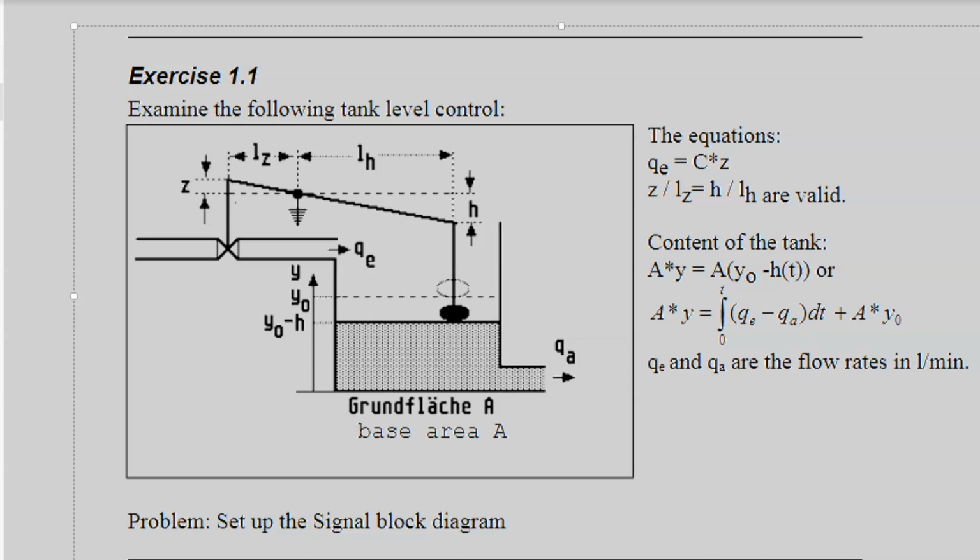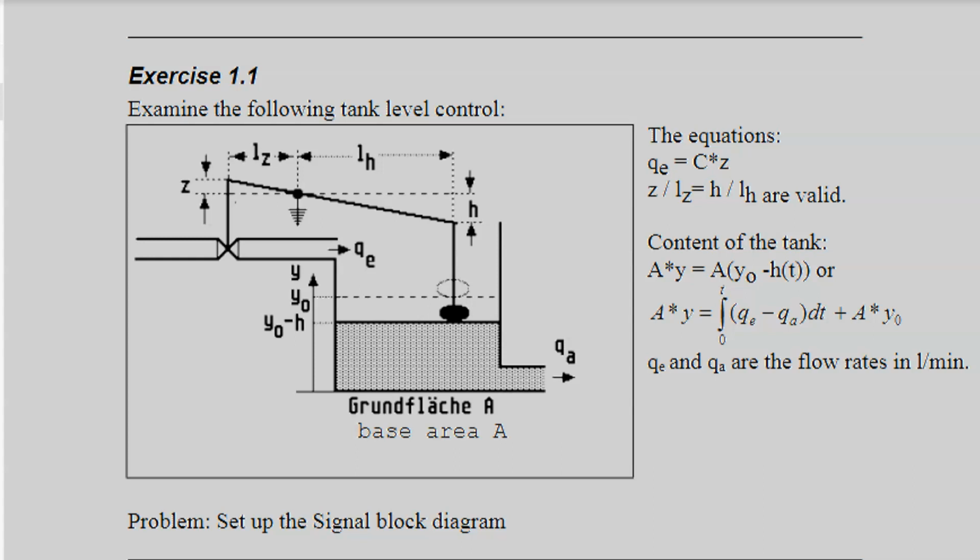And the lever opens here a valve. Here is a big water reservoir which can refill the tank by the input flow QE depending on the valve. The larger this value Z, the more the QE is increasing. So the more this goes down, the more this opens, and then you have an input flow QE.